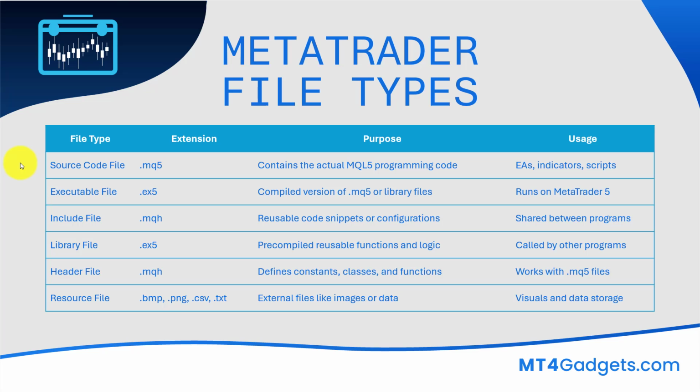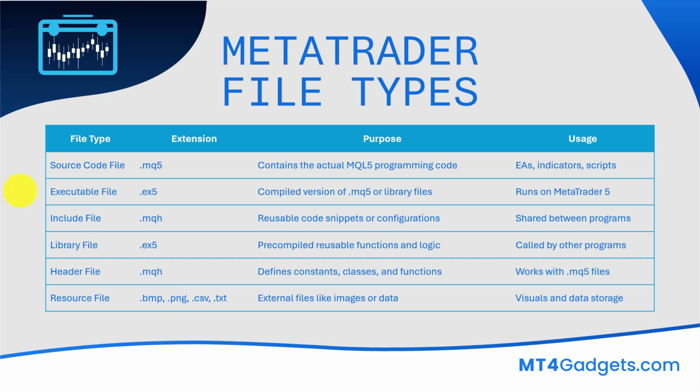Moving from source files, we then have executable files. Executable files are the files that your MetaTrader platform is able to understand and run. They are basically the compiled version of the source code, and they are able to be run by the MetaTrader 5 platform.